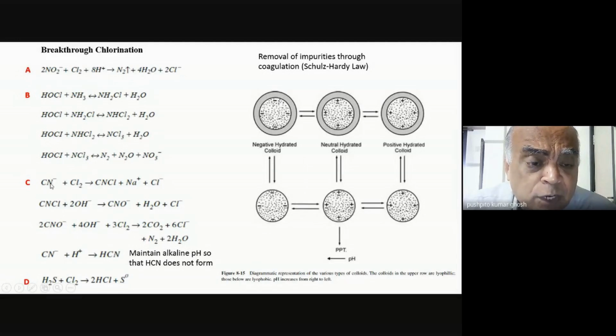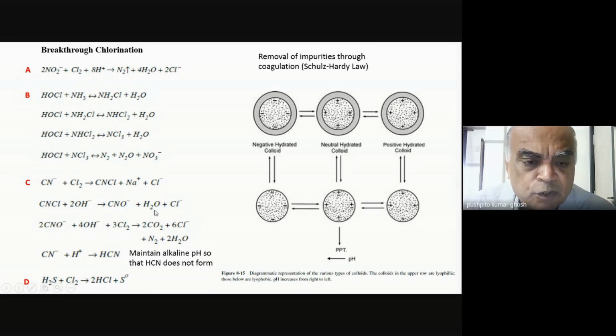Look at here also, you can do the same thing with cyanide. If, let's say, I'm in a situation where, try as much as I can, I cannot get rid of my last traces of cyanide, you can actually do breakthrough chlorination, and you can see that this stuff, the cyanide, will ultimately get converted into carbon dioxide, and the N in the cyanide will form nitrogen through a progressive oxidation.